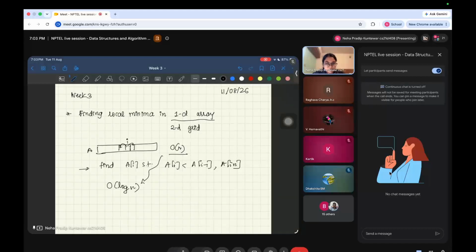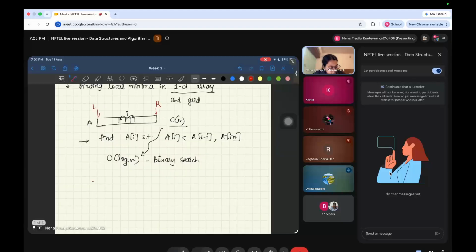The idea was basically similar to binary search, and the idea is that you keep your left pointer here and the right pointer here, and you find mid here. So mid will be (L+R)/2. Now you go to the mid and check whether this mid is actually a local minimum. If it is, then you output that.